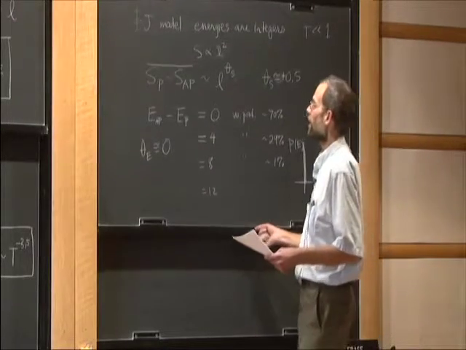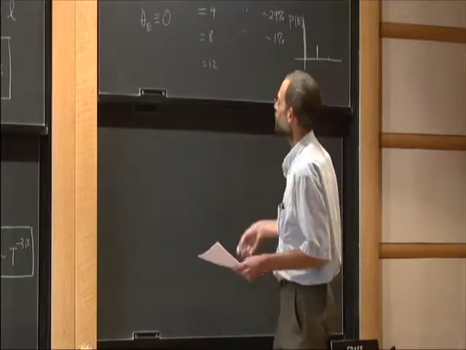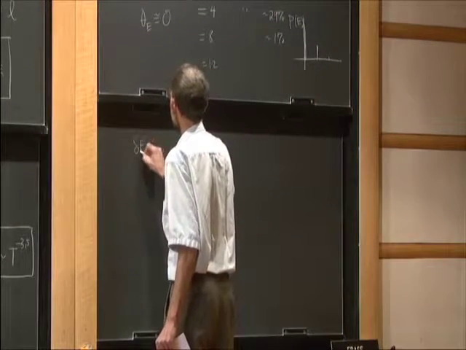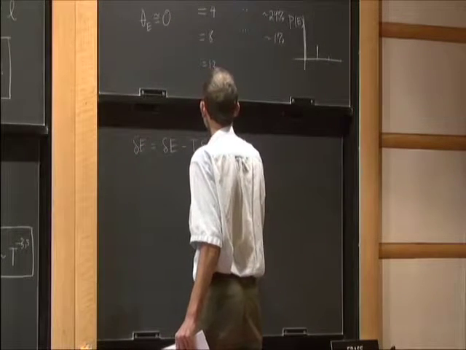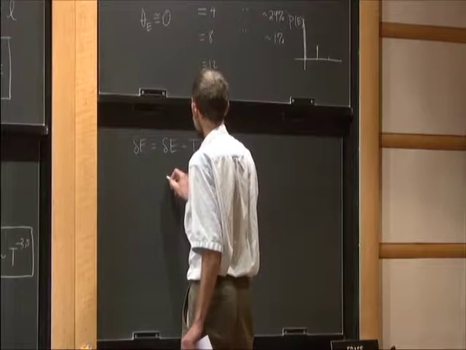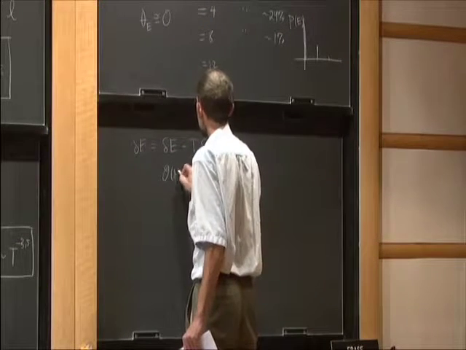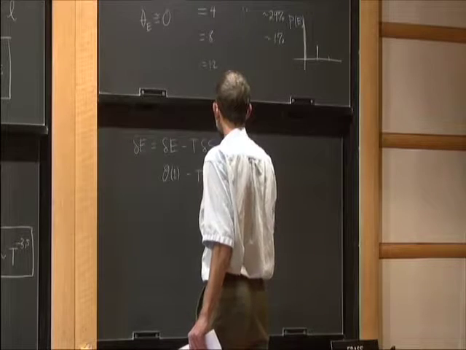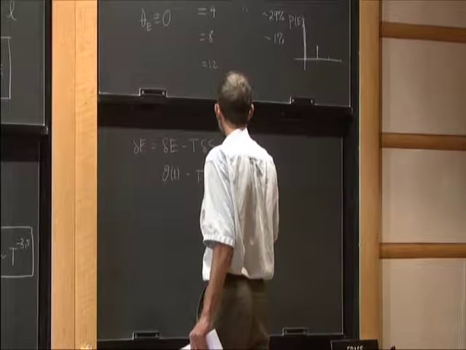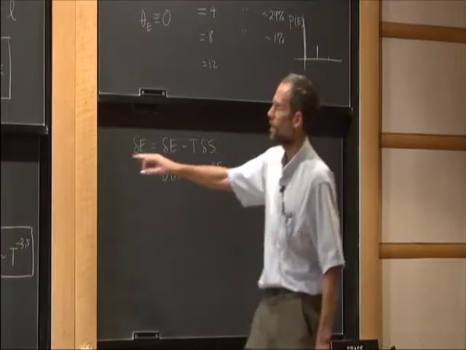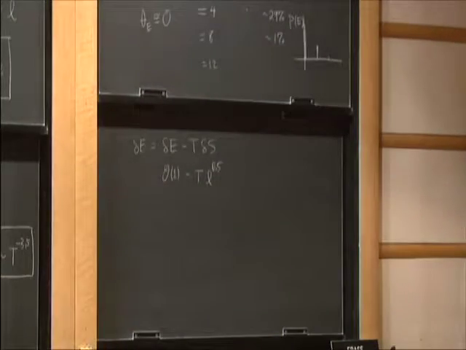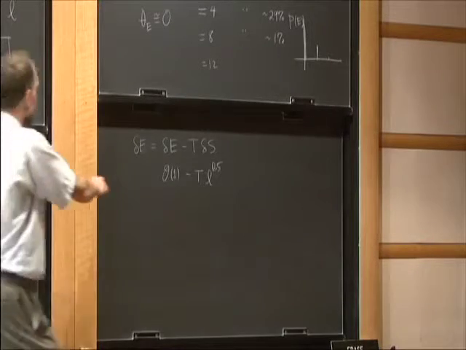Okay? So now we're ready to talk about the free energy. So delta F goes as delta E minus T delta S. And delta E goes as order 1 minus T L to about 0.5. So again, it's the same structure, a power of L minus a power of temperature times a bigger power of L, right? But the exponents are different.